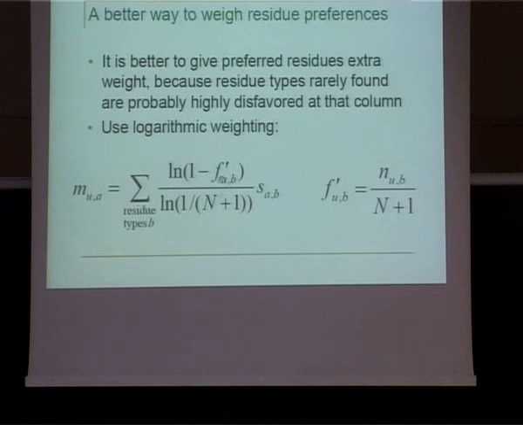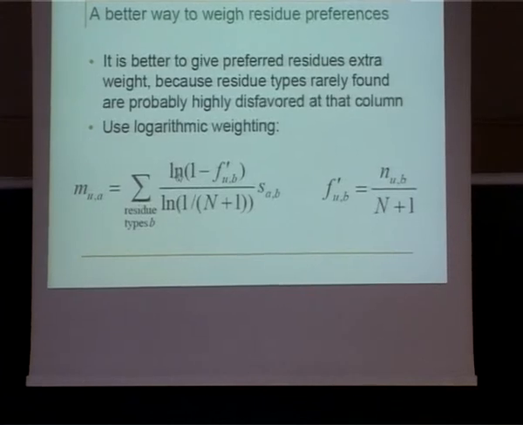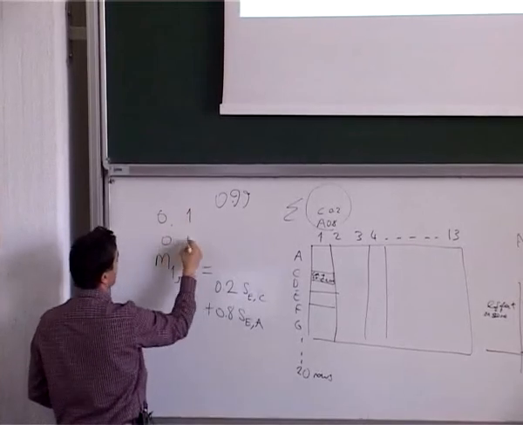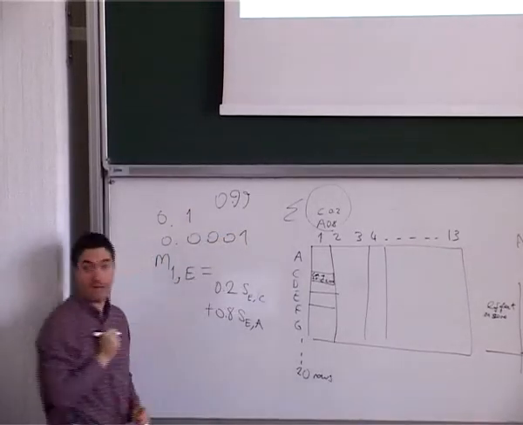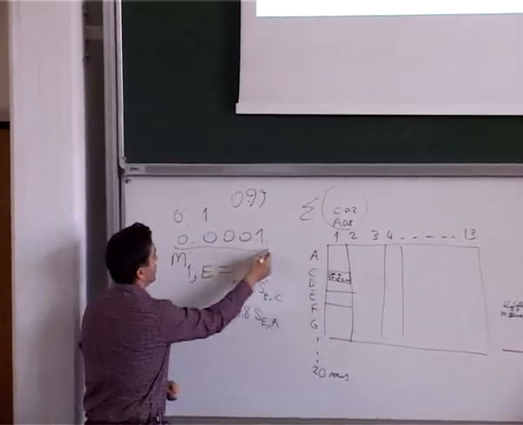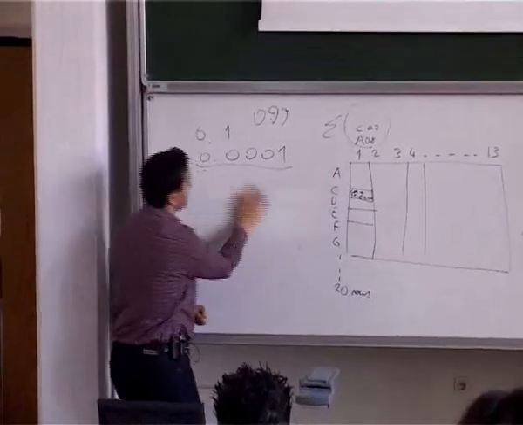And if it's a small negative number, just compare these two things. Compare 0.1 with 0.0001, okay? If you take the ln, this is a much larger negative number.